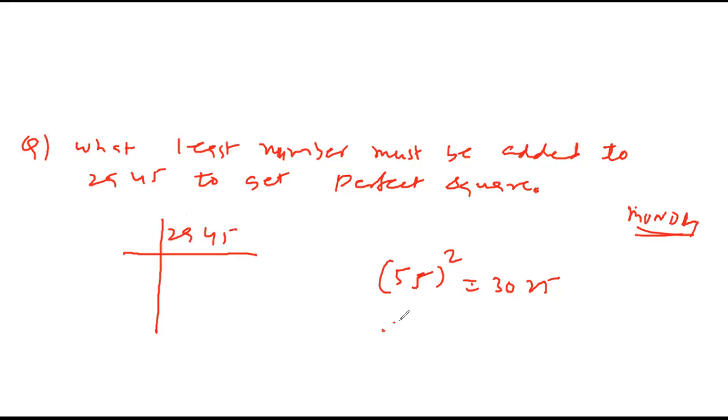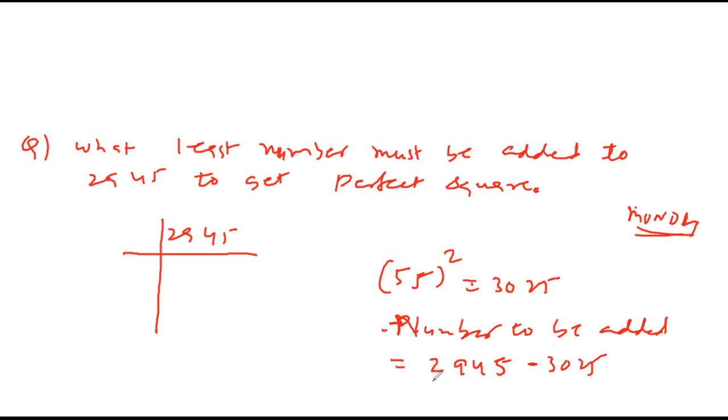So therefore the number to be added equals 3025 minus 2945.